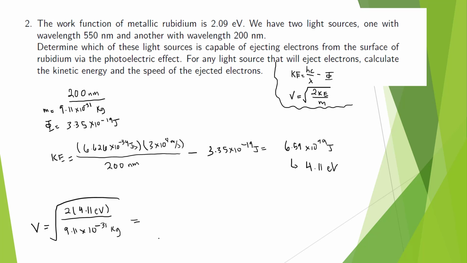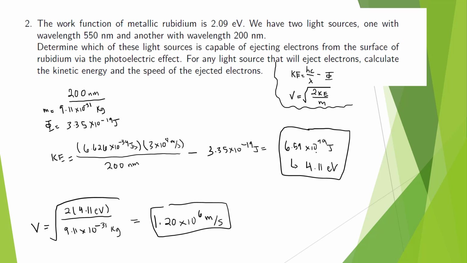And that gives us a speed equal to 1.20 times 10 to the 6 meters per second. So there's the speed, and there's the kinetic energy for the light source at a wavelength of 200 nanometers.